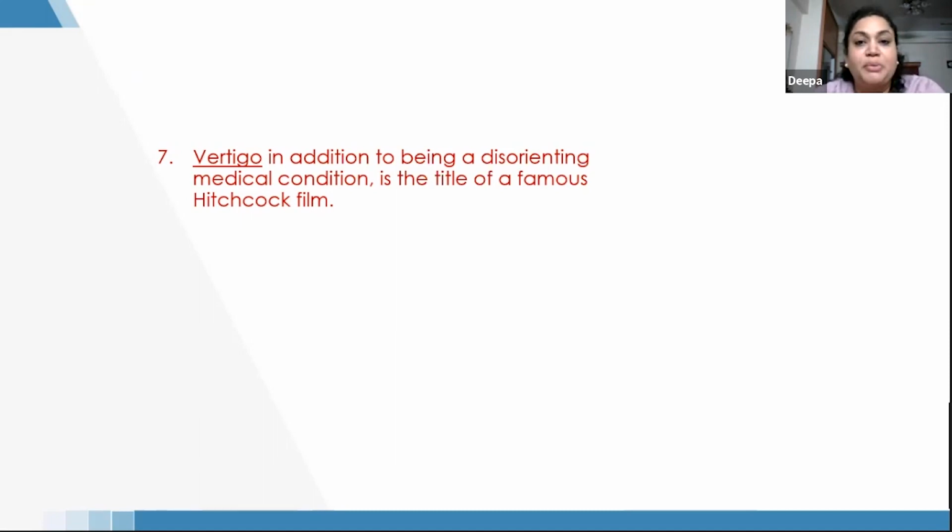Vertigo, in addition to being a disorienting medical condition, is the title of a famous Hitchcock film. Now, when we are talking about vertigo and we are discussing more about it, we require something to set off the additional information. So we should use either a comma, a parenthesis, a bracket, or a dash.